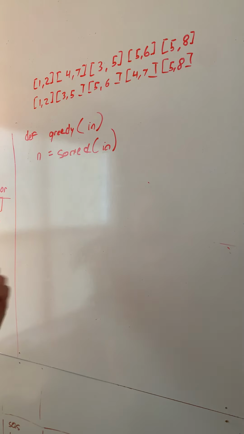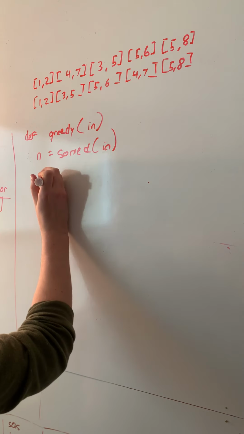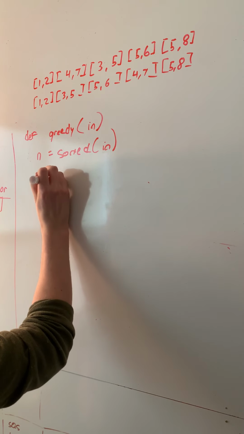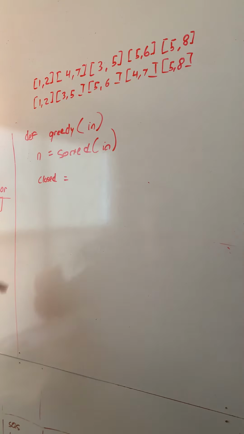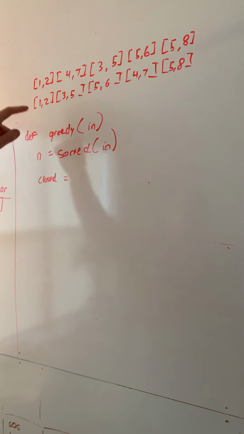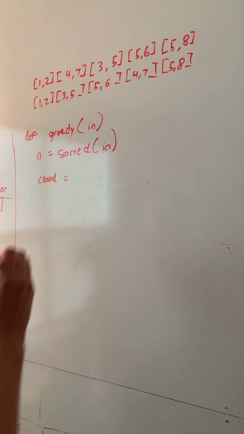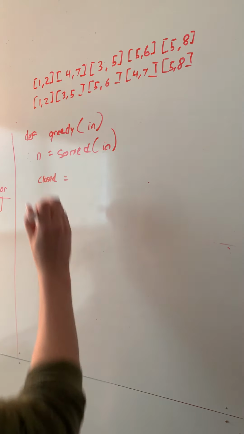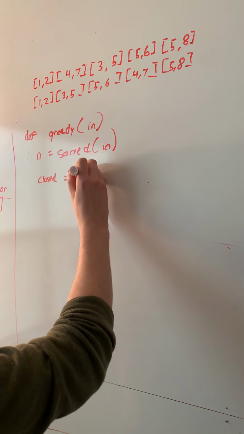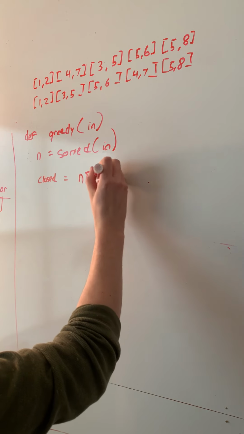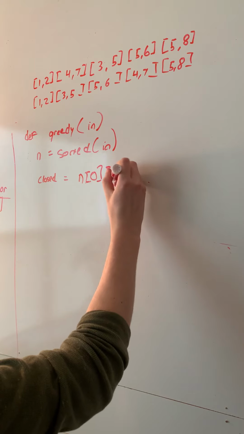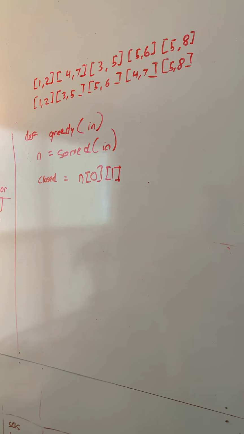And then we would set our first element that we would compare all of the subsequent elements against to be our first. So we're comparing the end element against all the future ones to determine that the end is not overlapping with the next start. So in this case, it would be 2, but here we're going to take n 0, 1, so the first element's second index.